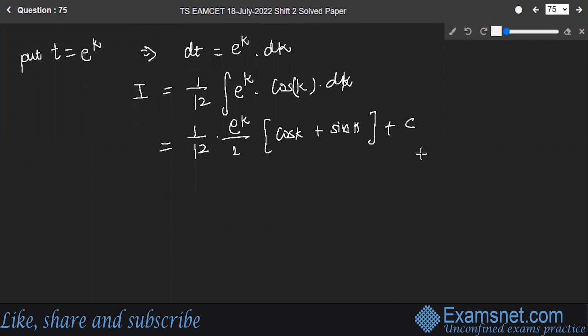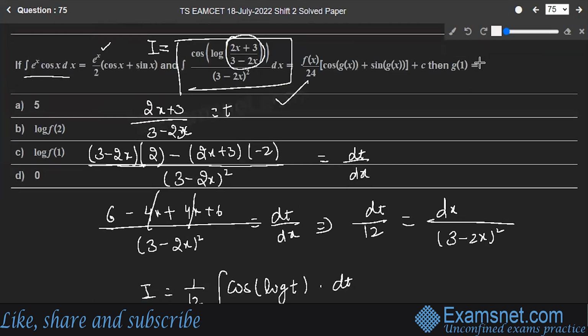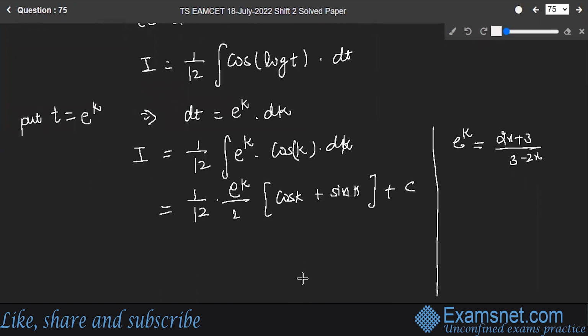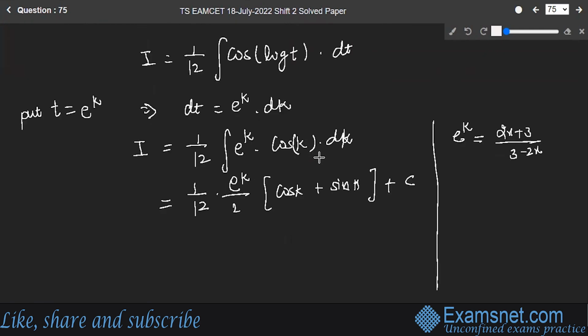Okay, so now here you put already that e raised to power k was equal to t. That means e raised to power k is equal to 2x plus 3 upon 3 minus 2x. Also, you can write down k is equal to log of (2x plus 3 upon 3 minus 2x).